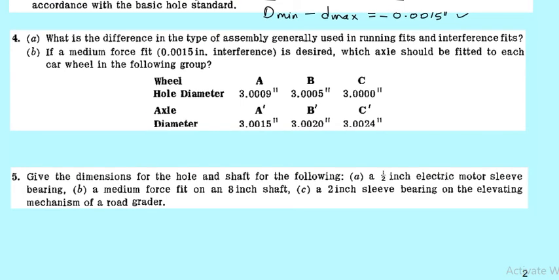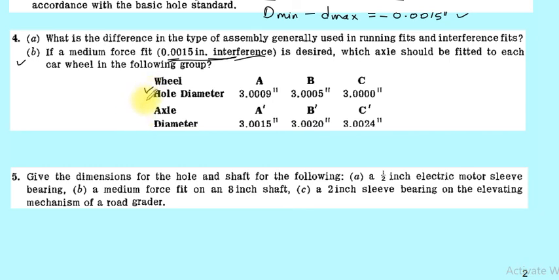Now let's move on to the next problem. I will concentrate on part B here. So in part B, you are given a medium force fit and the interference value is just like the previous problem. And you are given three combinations of wheel and axle, right? Three combinations of wheels and axles.